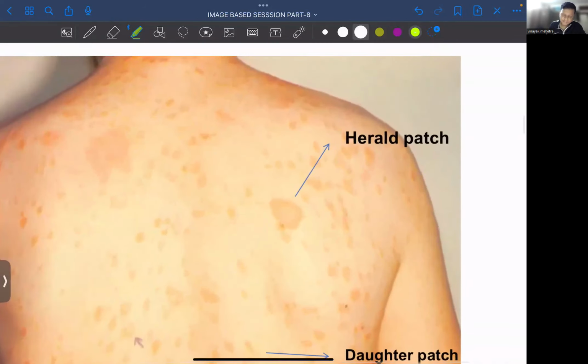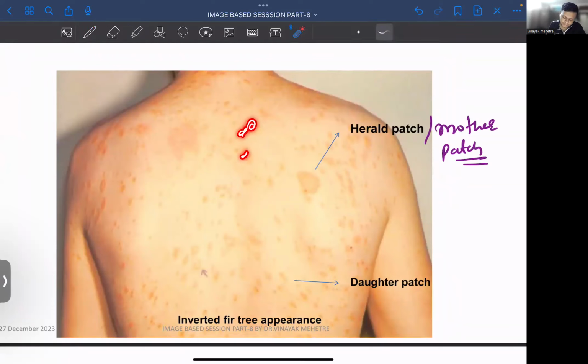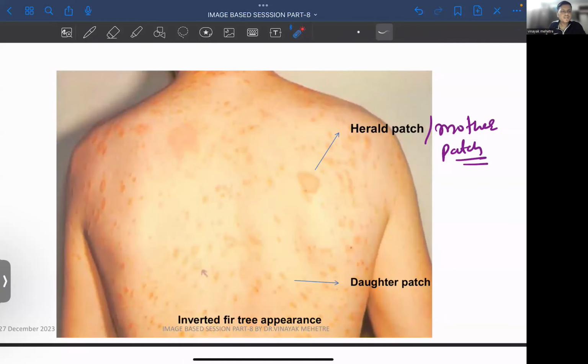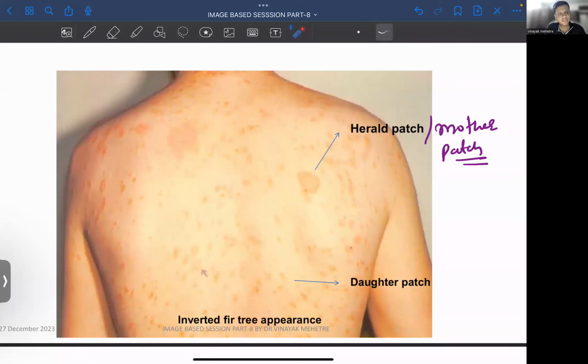This is how pityriasis rosea will look. Herald patch, which we also call mother patch. The mother patch will be surrounded with daughter patches. Another appearance is inverted fir tree, an upside-down tree.